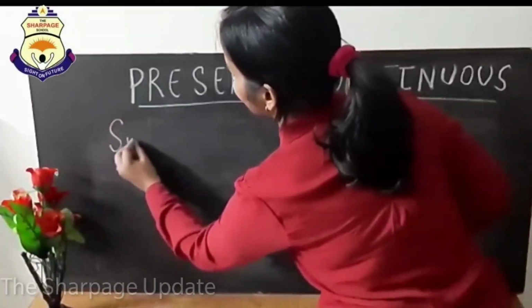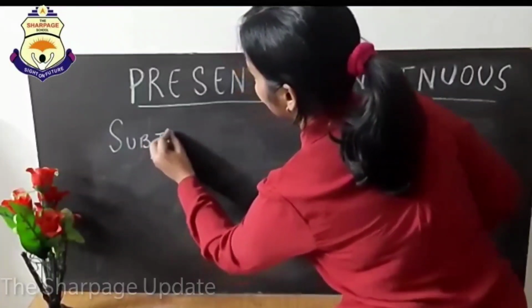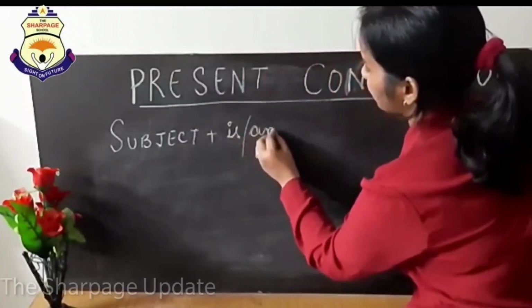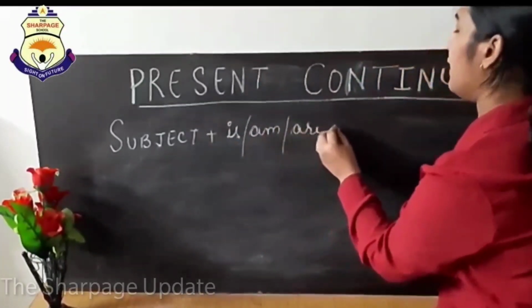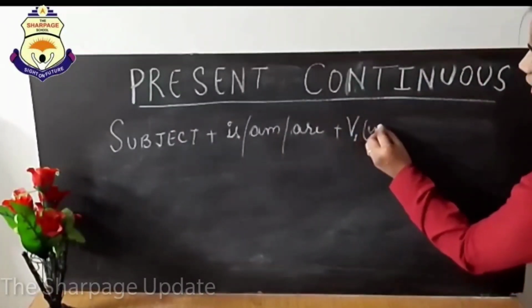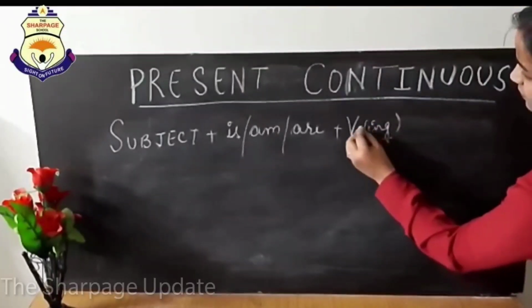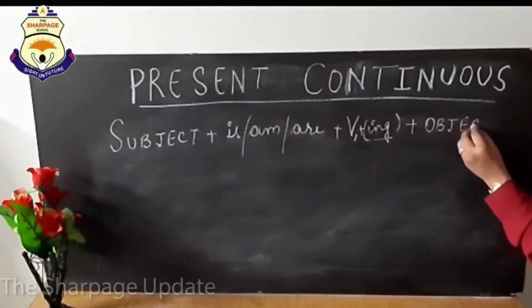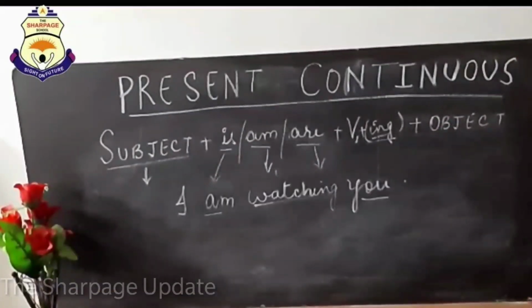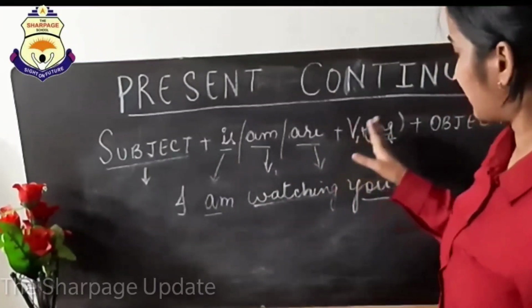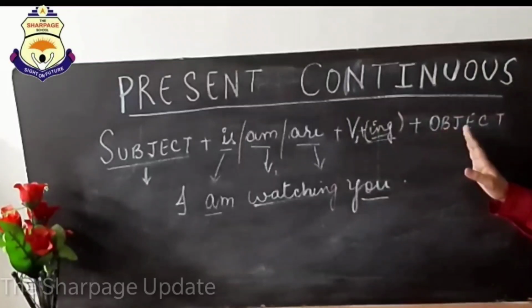First, subject, then is, am or are, and then first form of the verb plus ing, then object. Subject plus is, am, are plus first form of the verb, and we have to add ing with the first form of the verb, and then object.